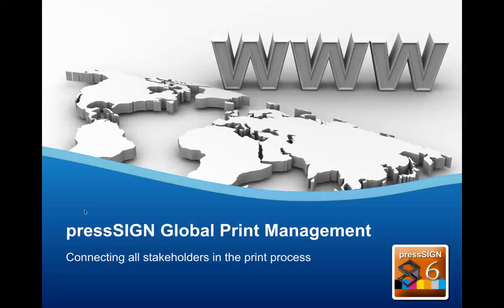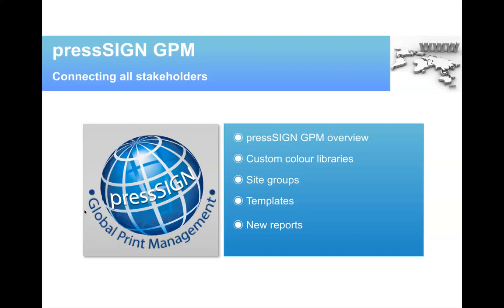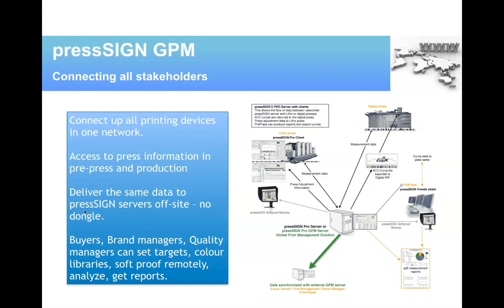We've added a few other things, but essentially it's the same thing, which is to say that pressSIGN GPM has to be a subscription because we're taking 2 SQL servers and making them talk to each other. And in order to do that, you need them to be in the same state, same tables, same columns, etc. And the simplest way of doing that was to have everyone on a subscription, so everyone is allowed to use the latest version at that time.